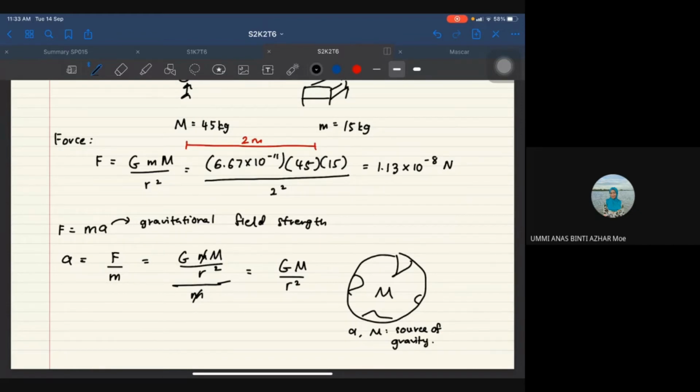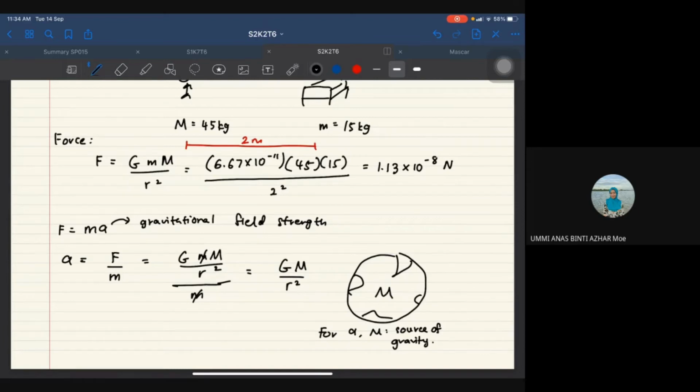Okay, sebab sometimes students get confused lah, sebab di dalam exam dia kasih certain mass, macam dia kasih mass bulan, mass bumi, mass satellite in the same question. So if you want to calculate the gravitational field strength of the earth, pakai mass of the earth.